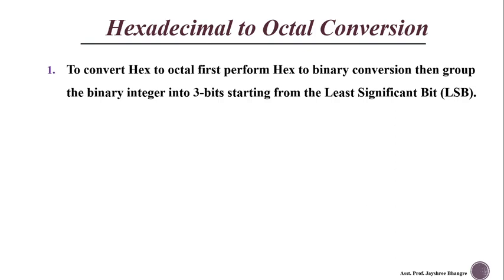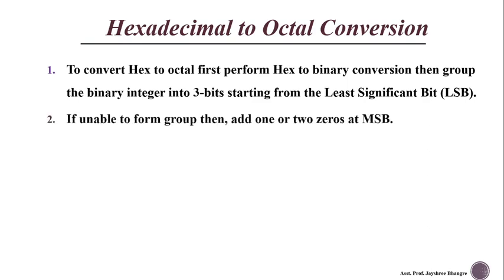Then we group the binary bits into 3-bit groups starting from the LSB and moving towards the left-hand side. If we are unable to form a group, we can add 1 or 2 zeros at the MSB position and then convert each group into its octal equivalent.